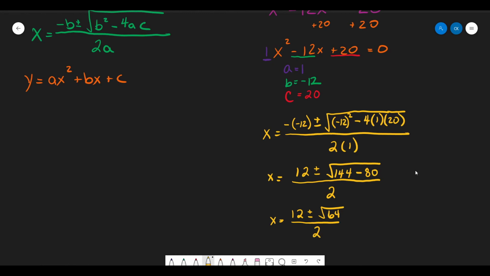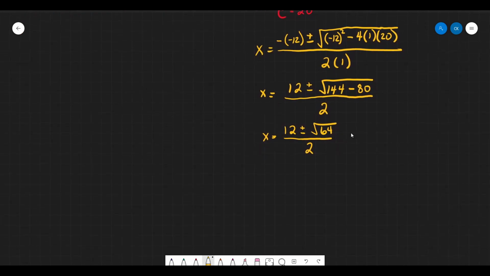Okay. Well, we should hopefully know what the square root of 64 is. That's a perfect square. The square root of 64 is 8. So this is going to become x is equal to 12 plus or minus 8 over 2.